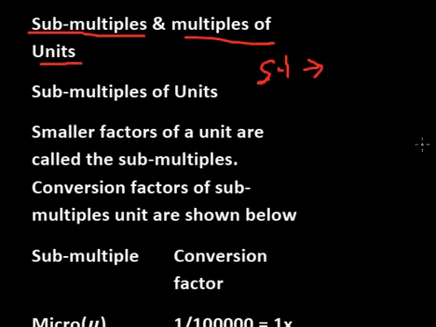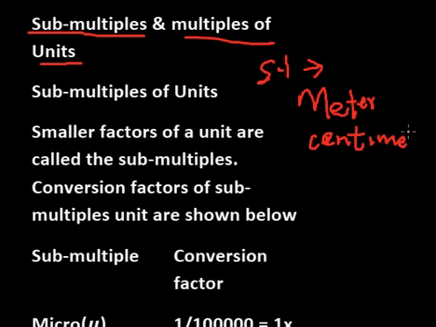For example, we know that the unit of length is meter. It's obvious, but meter is not the only unit that we have in length. We have centimeter, a lower unit from meter. We have the decimeter, they are lower. We also have even a higher unit of length, which is kilometer. But SI unit chooses what? Meter.